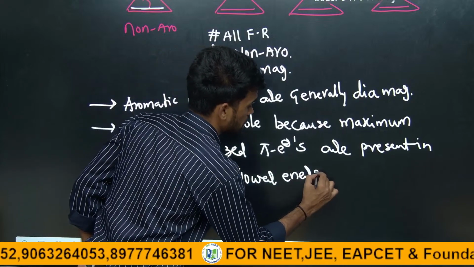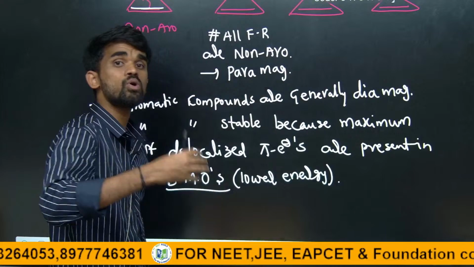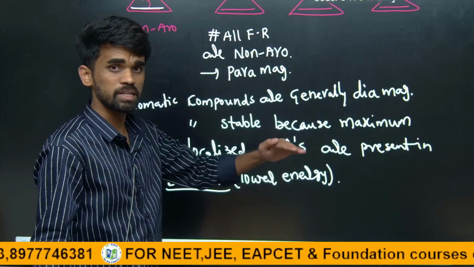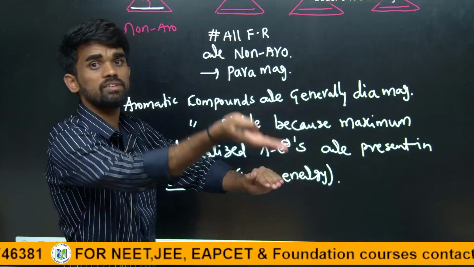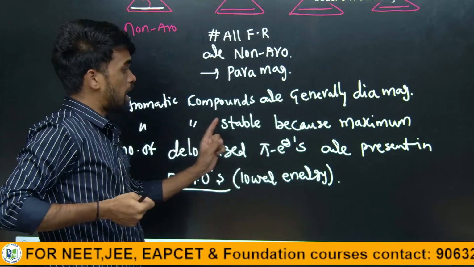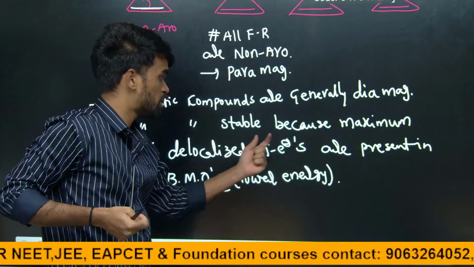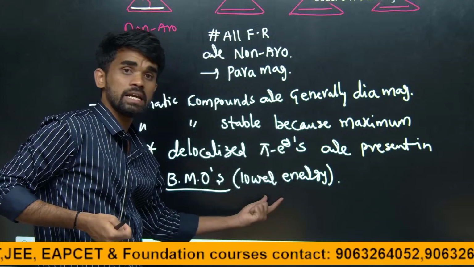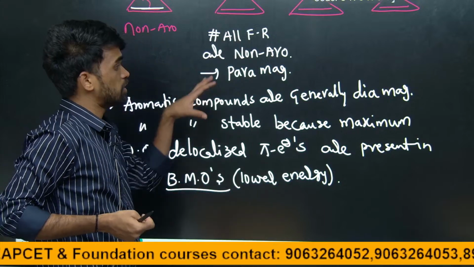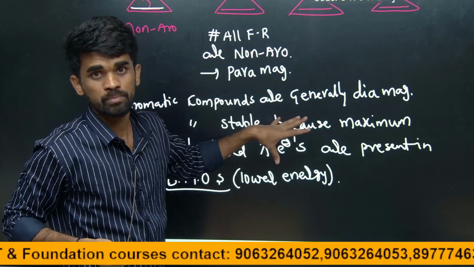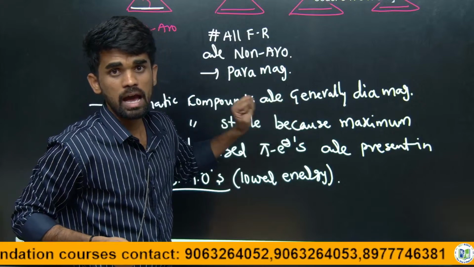If it is in lower energy, the molecule has more stability. If something has low energy, the stability will be more. So the maximum number of pi electrons are present in lower energy bonding molecular orbitals, therefore the compound becomes more stable. That's why aromatic compounds are highly stable.